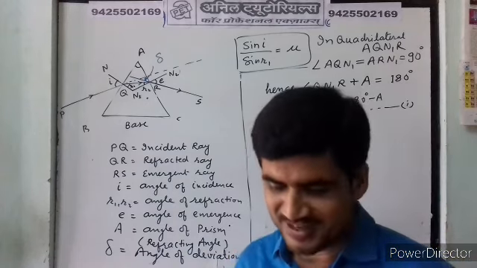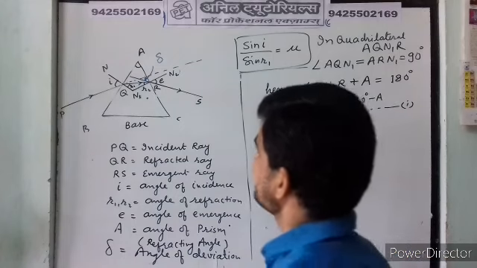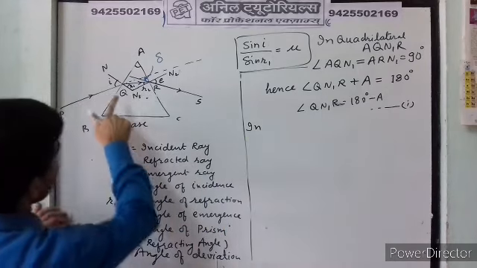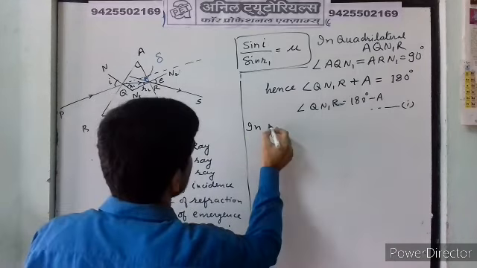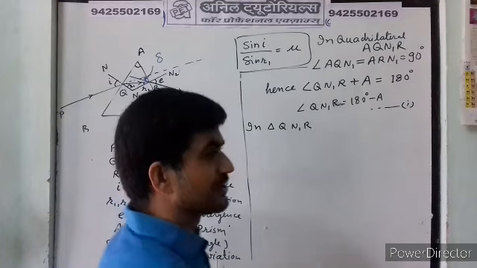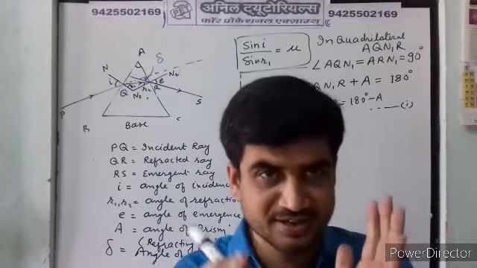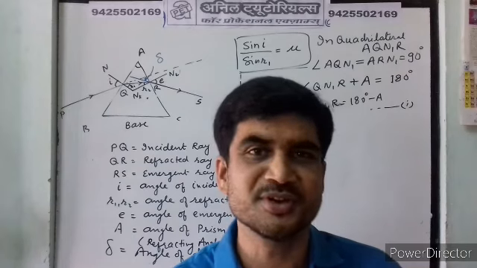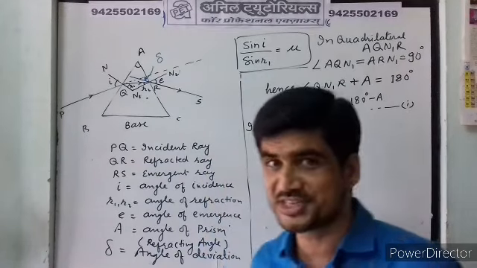Is it clear? Now just see, we have a triangle, triangle QN1R. You know the sum of interior angles of any triangle is equal to 180 degrees, so we will use this concept here.